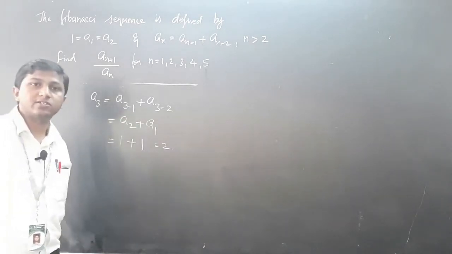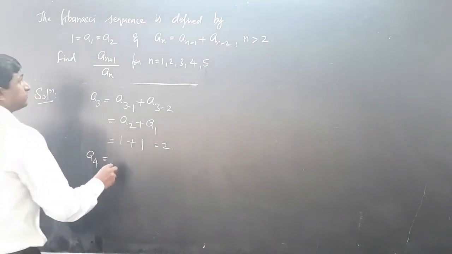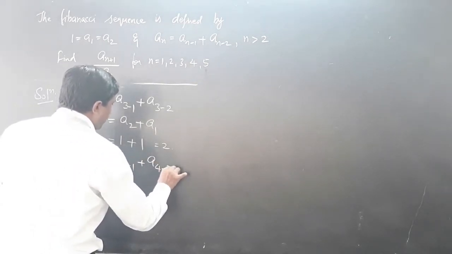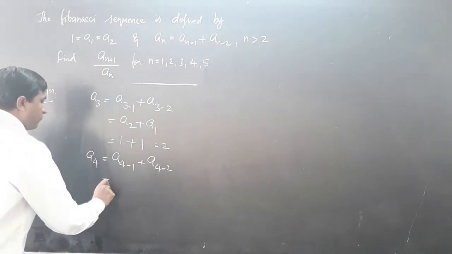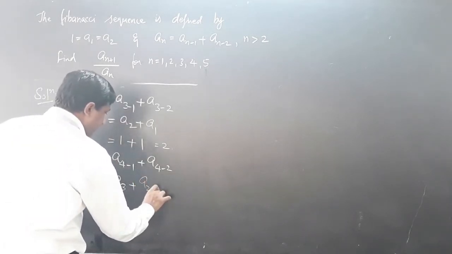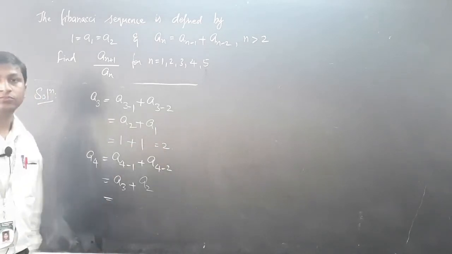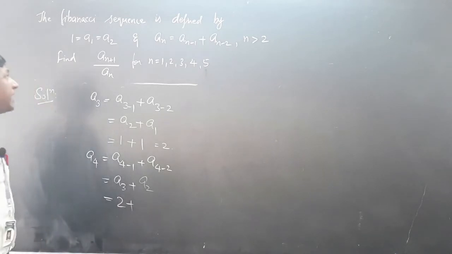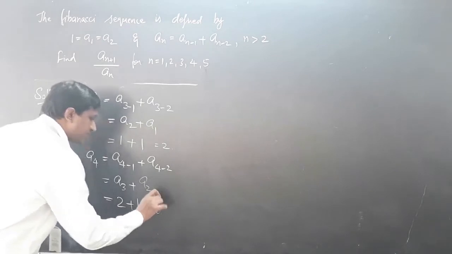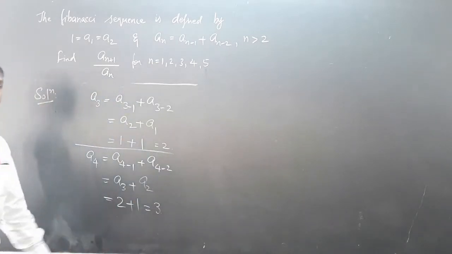Similarly, we have to find till the sixth term. A4 is A4 minus 1 plus A4 minus 2. 4 minus 1 is A3 plus 4 minus 2 is A2. The third term value is 2 plus A2, which is 1. 2 plus 1 is 3. Hence, the value of A4 is 3.